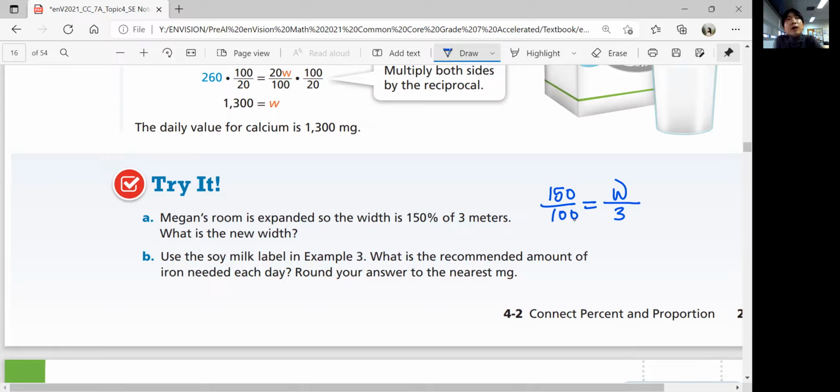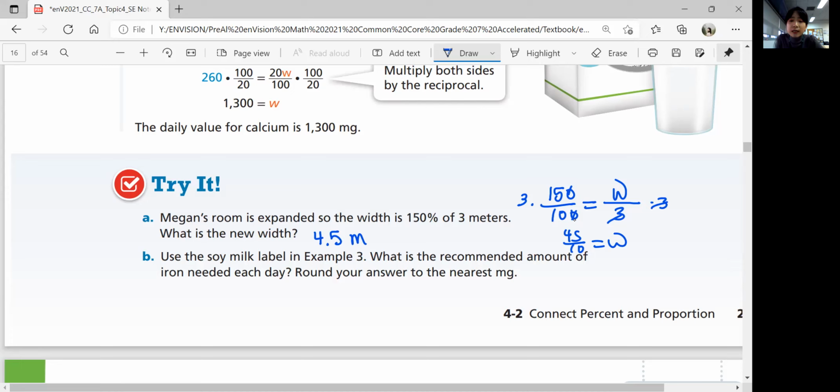Then you figure out the width by multiplying both sides by 3. And you can simplify that fraction. 3 times 15 is 45, divided by 10 is the width. So the width is 4.5 meters. It is exactly 4.5 meters.